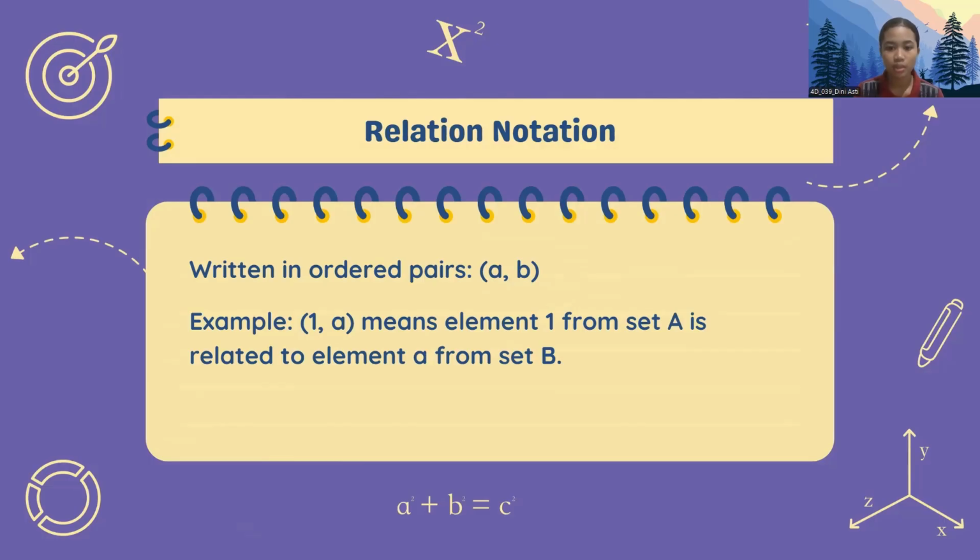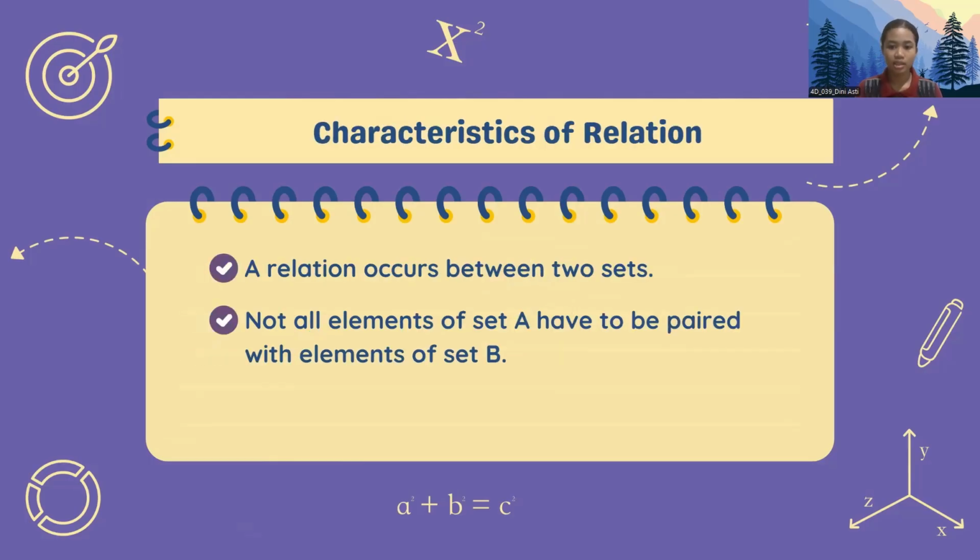This means an element from set A is related to an element from set B. The key characteristics of a relation are that it occurs between two sets and, importantly, not all elements of set A have to be paired with elements of set B.